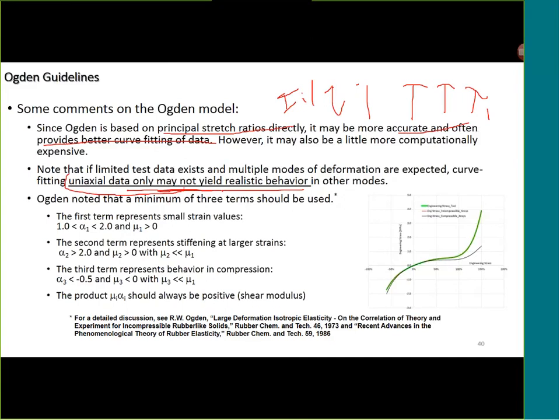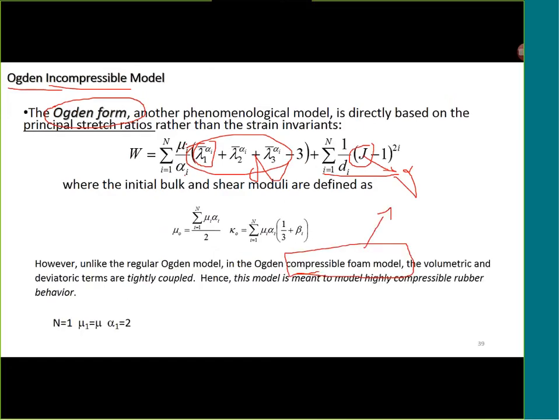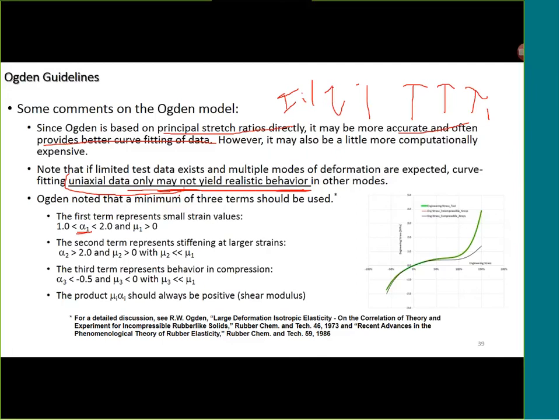We need the stress strain data for all different modes of deformation. Again, there are some guidelines given for different material constants, which are nothing but alpha and mu. So what is the typical range expected for alpha and mu if you are in a small strain range, and if you want to capture the stiffening at the large strain range? These guidelines can be used during the curve fitting to effectively find the resulting values.